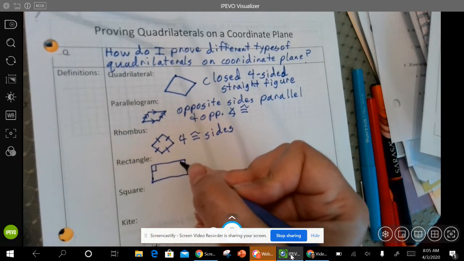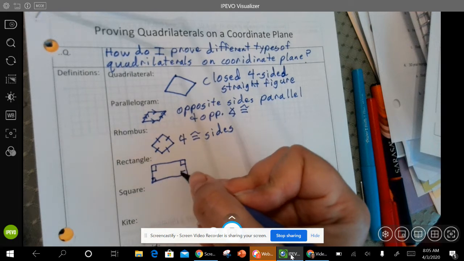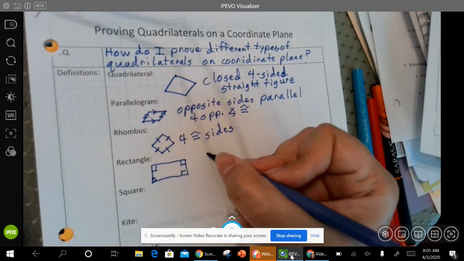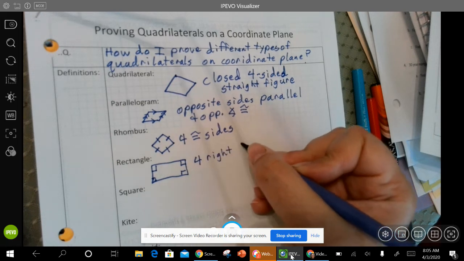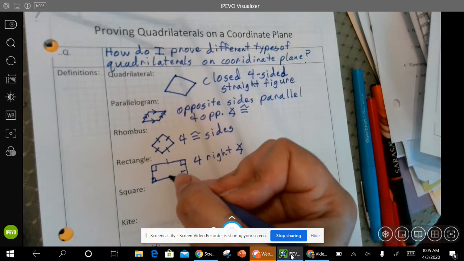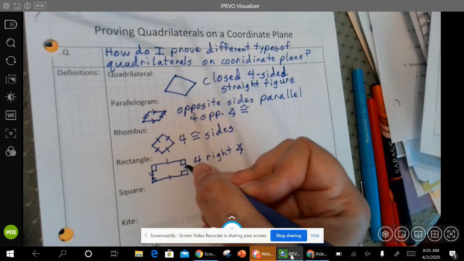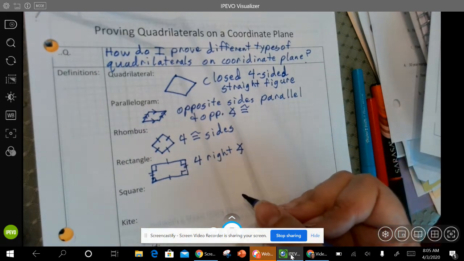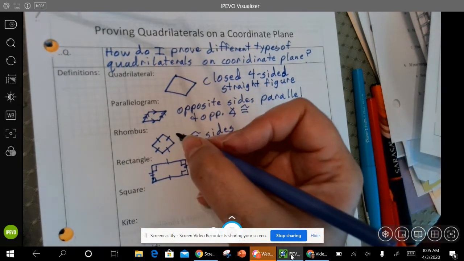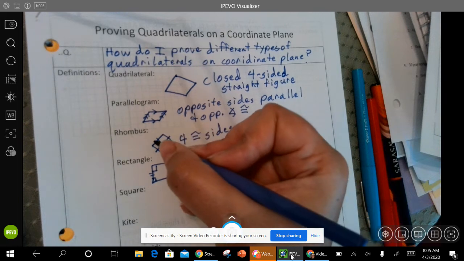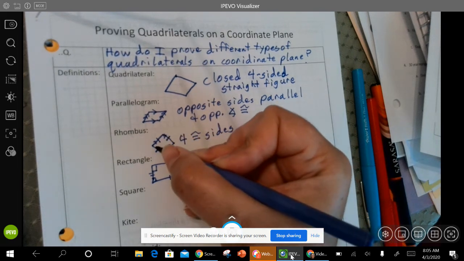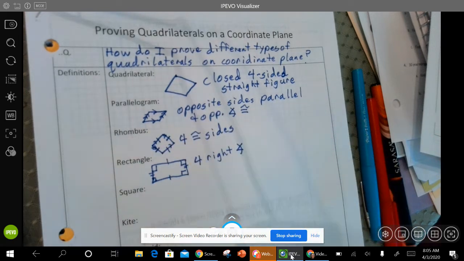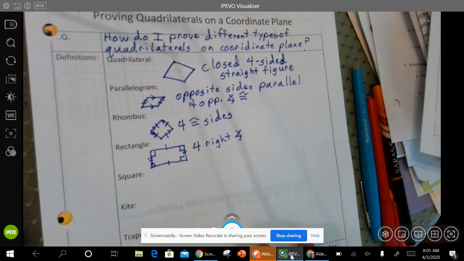All 4 angles are right angles, so they equal 90 degrees. The opposite sides are congruent and parallel, just like a parallelogram. So same for the rhombus, also the opposite sides are parallel.